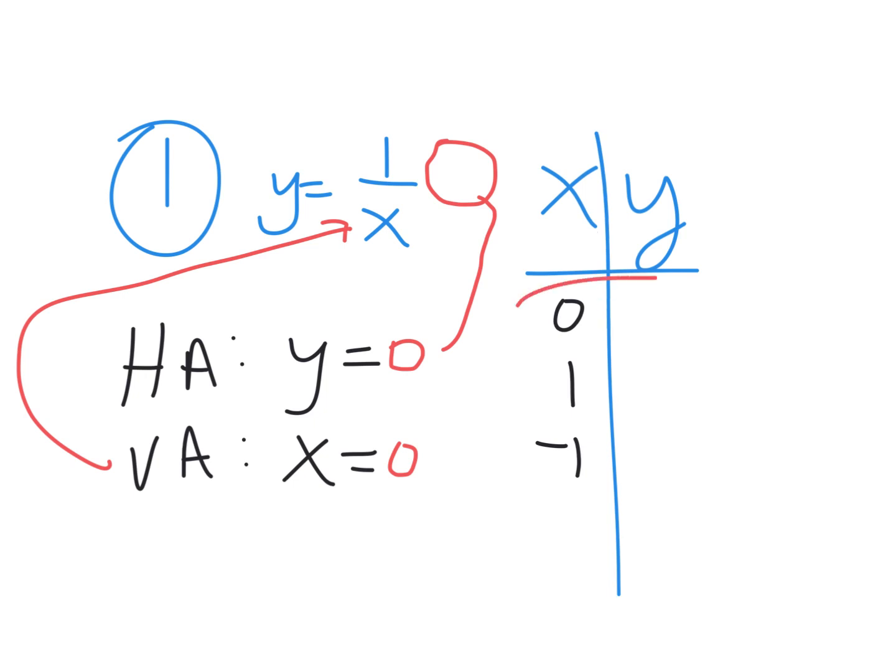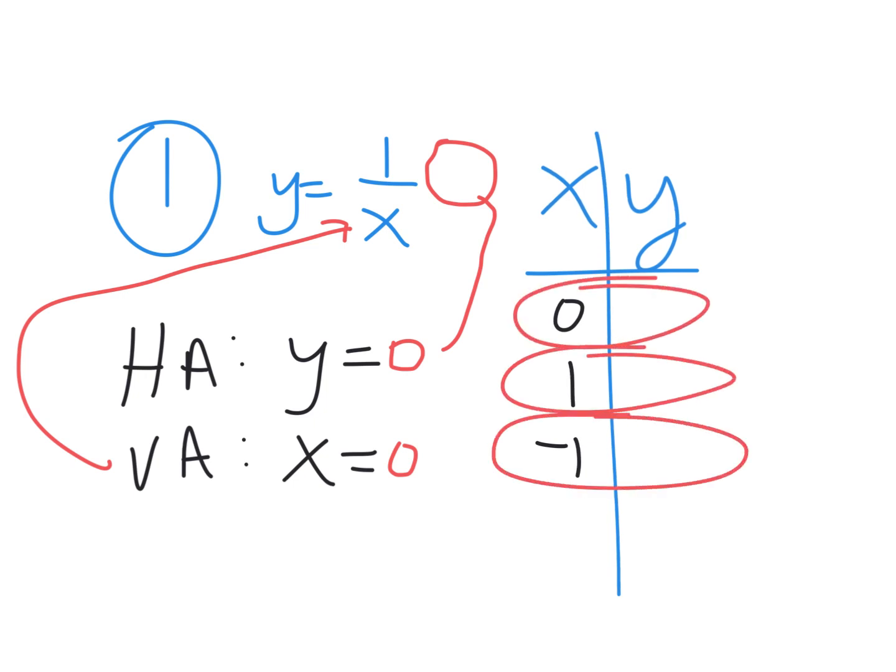And then I just have to find a few points. If you can't find these, I give up. Just put in a 0. And wait a minute, that's an asymptote, because anything divided by 0 doesn't work, so that makes an asymptote. Put in a 1. 1 divided by 1 is 1. Put in a -1. It's -1.